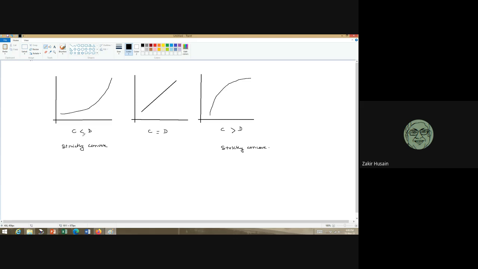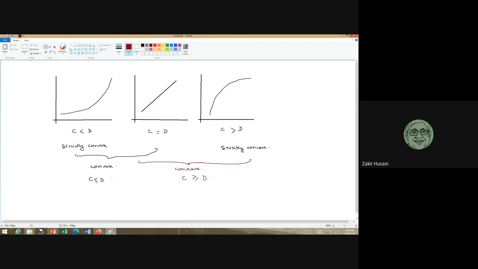If we extend the definition and consider this case, then a function like this or like this becomes what we call convex, C less than equal to D. Another alternative is to take these two cases, C greater than equal to D. This is concave.